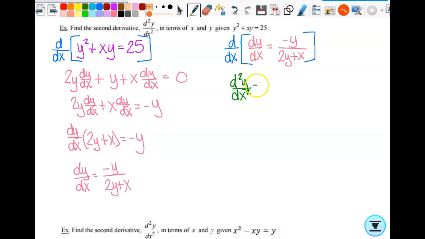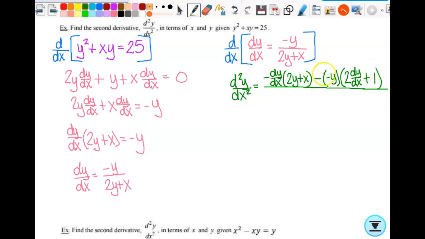So that equals. Now over here, what am I going to have to use? Quotient rule. So I'm going to take the derivative of the first one, which is negative dy dx, times the second, which is 2y plus x, minus the first, which is a negative y, times the derivative of the second, which is 2 dy dx plus 1.